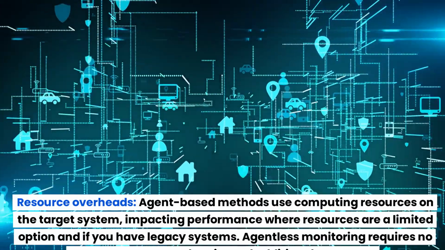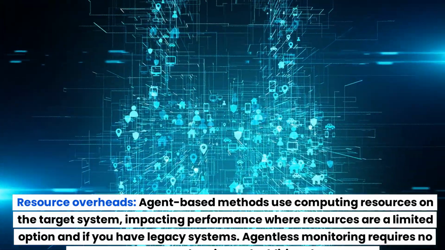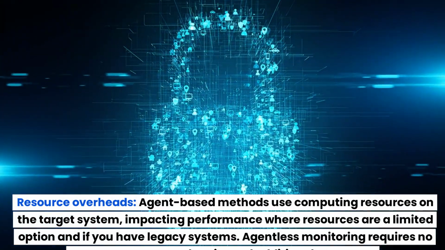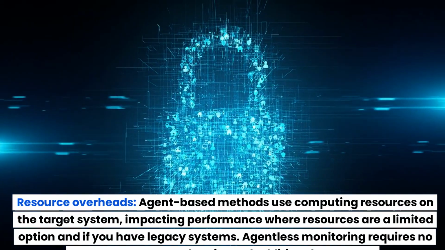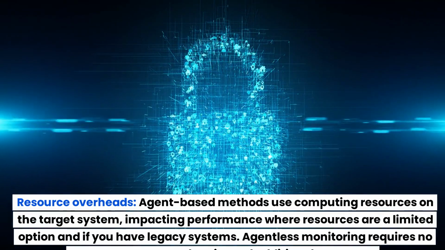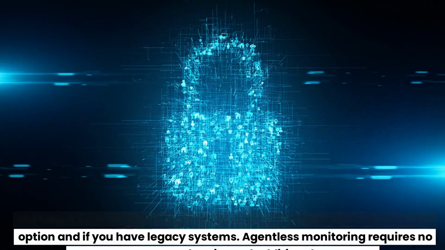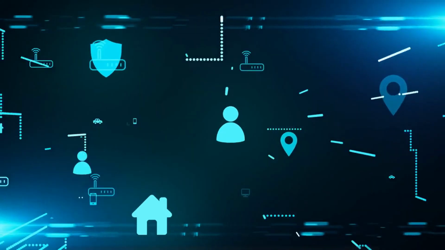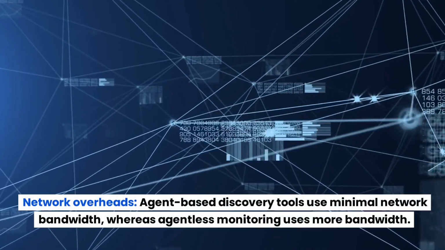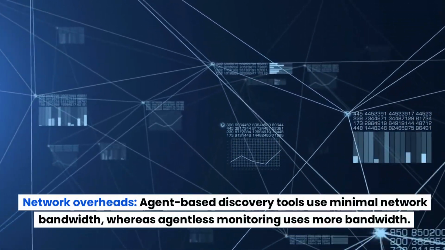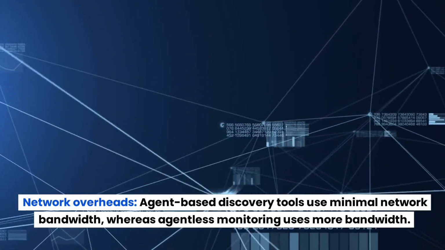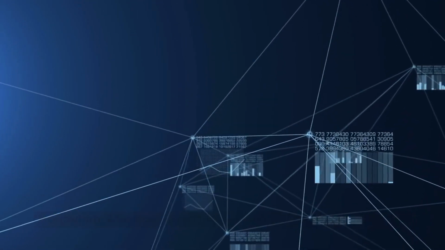Resource overheads. Agent-based methods use computing resources on the target system, impacting performance where resources are limited and if you have legacy systems. Agentless monitoring requires no resources on target systems, nor does it need additional resources. Network overheads. Agent-based discovery tools use minimal network bandwidth, whereas agentless monitoring uses more bandwidth.